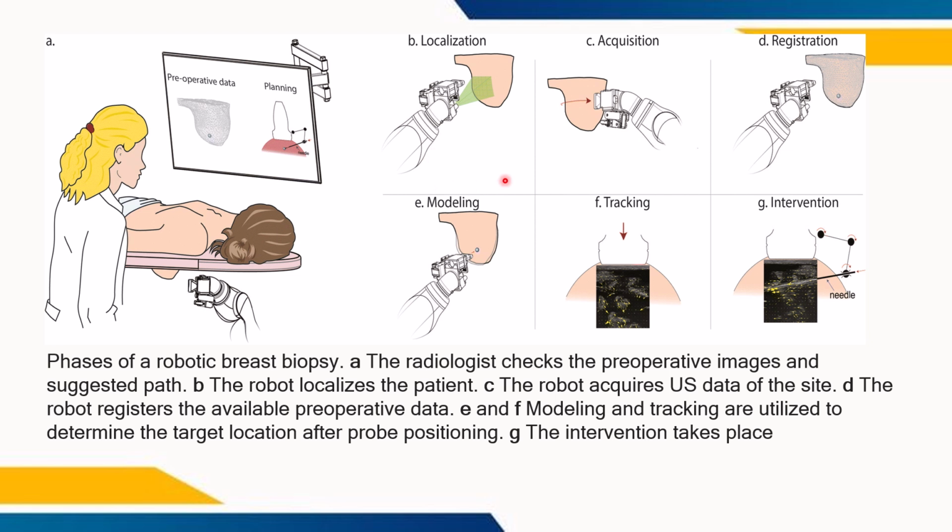Then the robot acquires US data of the site, and here the data has been registered. Then modeling of the whole preoperative data and tracking are utilized to determine the target location after positioning. Then the intervention takes place, where the needle is inserted through the robotic arm and the biopsy sample is taken.